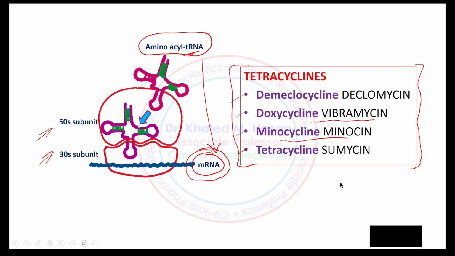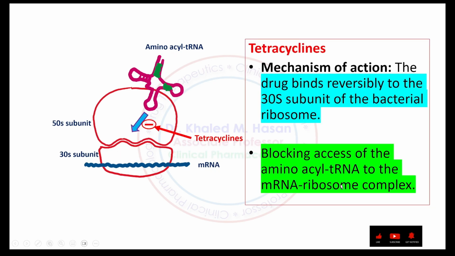So what happens when we prescribe tetracycline to our patient? You can see here the mechanism of action for tetracycline. Tetracycline binds reversibly to the 30S subunit of the bacterial ribosome. So the main mechanism of action is that tetracycline binds reversibly to the 30S subunit of the bacterial ribosome.